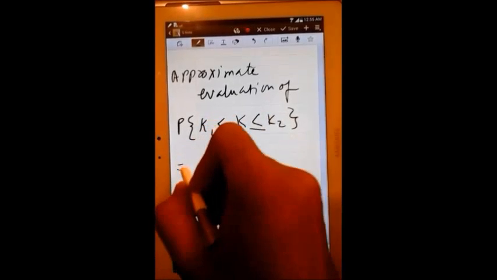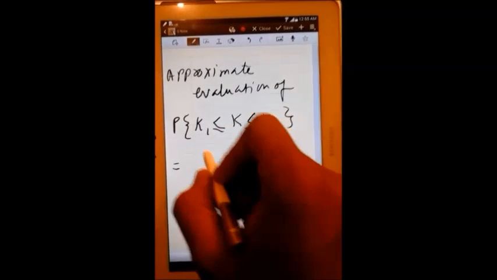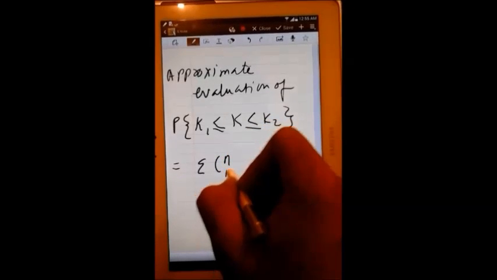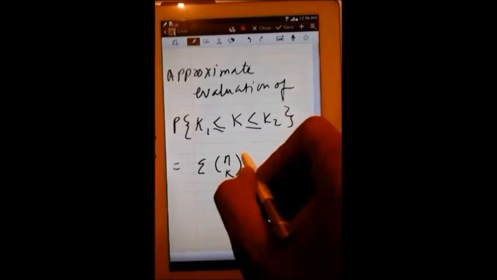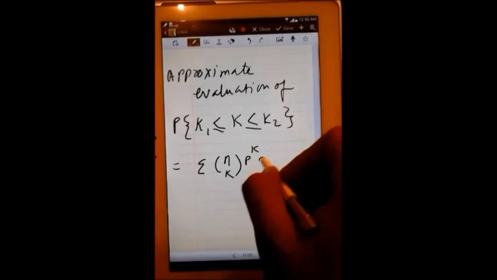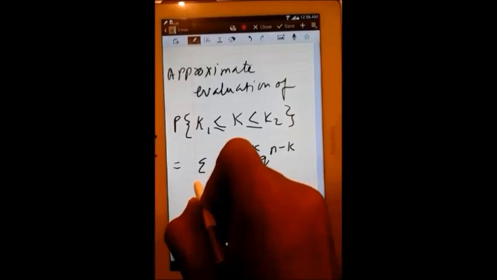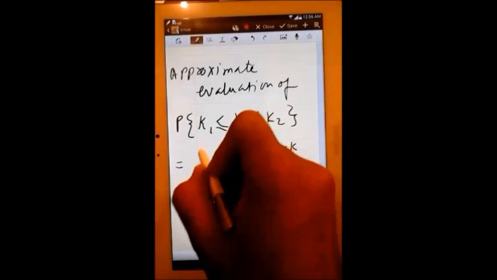Which is equal to the sum of nCk, the n combination k, p raised to k, q raised to n minus k, where the summation is from k1 to k2.